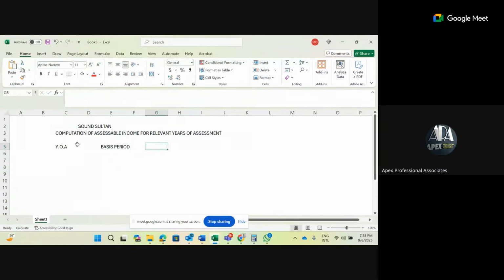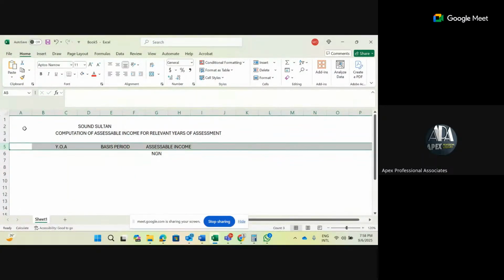And another column for my accessible income. For this accessible income, you must write the currency. It is a must. You must write the currency for the accessible income, please.